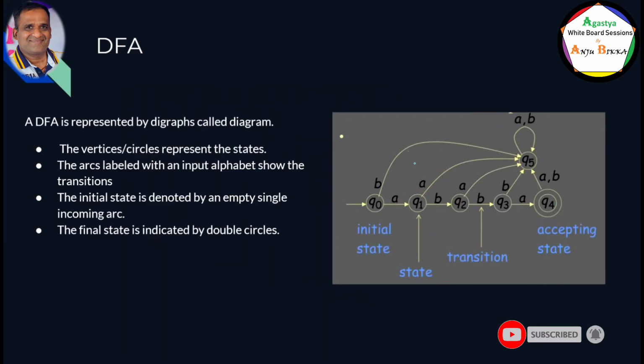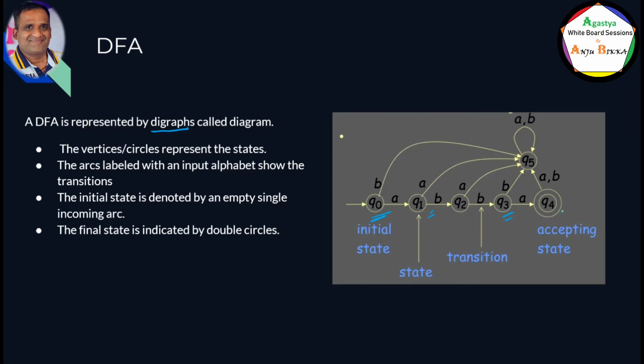Now we can see how we are going to represent the finite state machine by using a digraph, a directed graph. In the digraph, the finite control states are nodes.